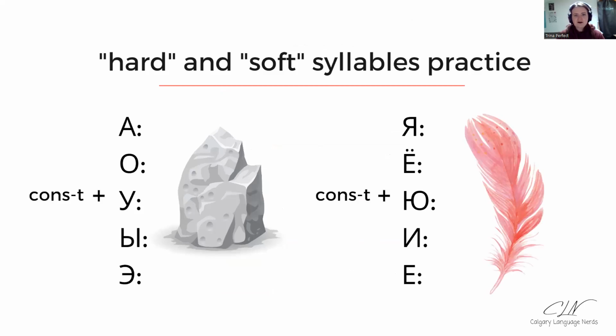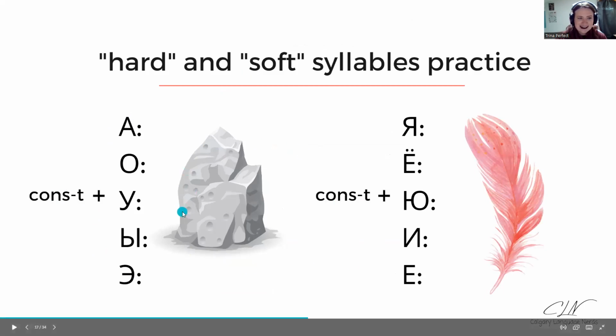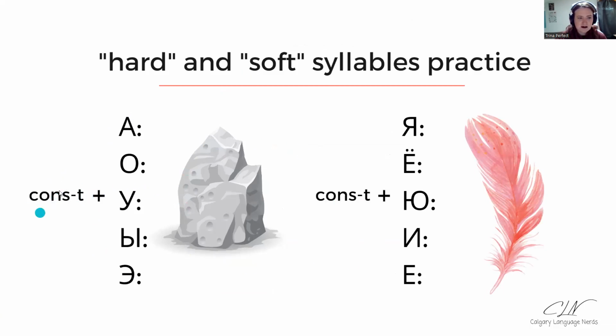Отлично, brilliant. So today we're going to be devoting our time to practicing different combinations of consonants and vowels. As I told you last lesson, some vowels make the consonant hard. I drew a little stone here to represent that. For example, a consonant followed by a is going to be hard.